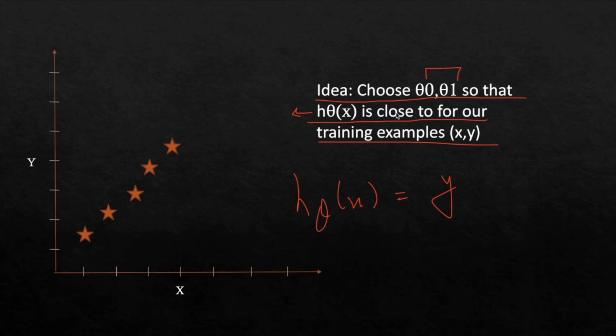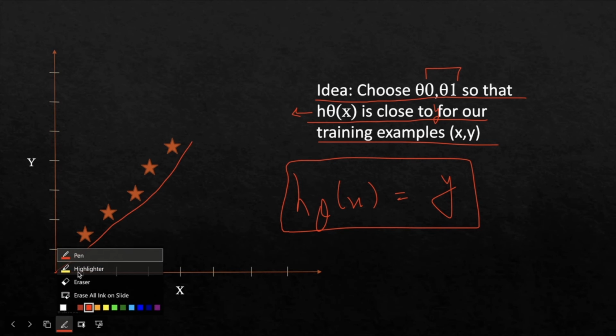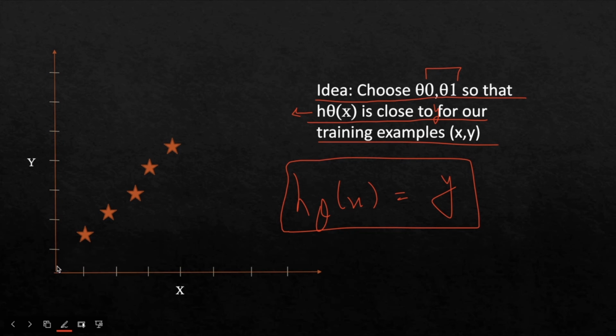We want this to be as close as possible. So here we want to check which straight line will be good. This will be better. So this will be the straight line of our function for the hypothesis.